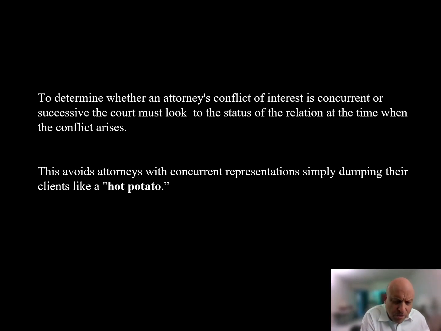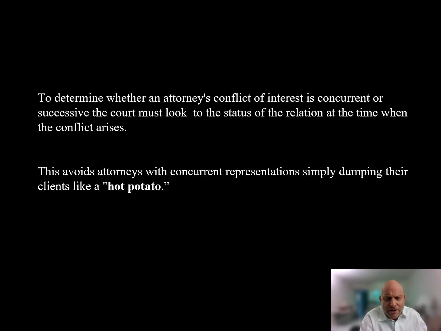Why is the analysis at that time? In other words, from the point of view of ALB, we're not conflicted anymore. We withdrew. We're not representing DE anymore. We're out of that case, and it's not a concurrent conflict anymore. It's a successive conflict, maybe, because they're a former client now. No, that's not the way it works, and it's not the law.